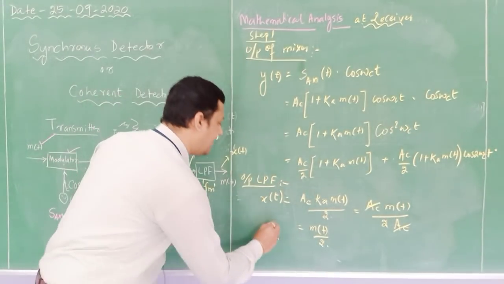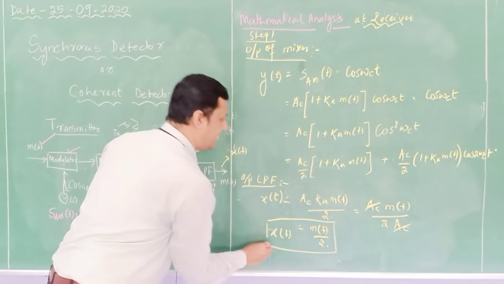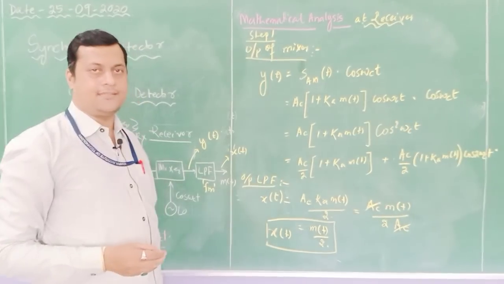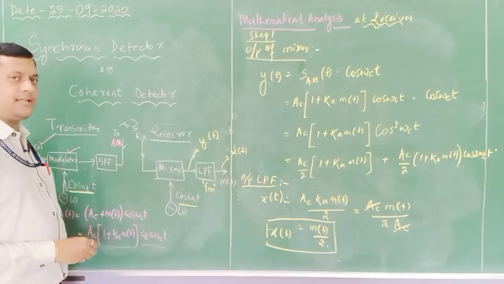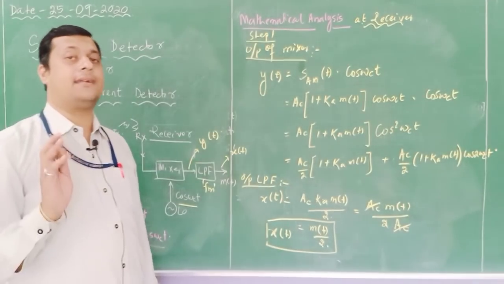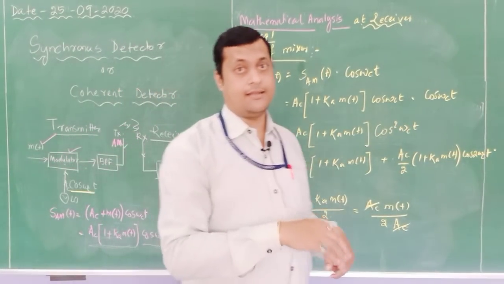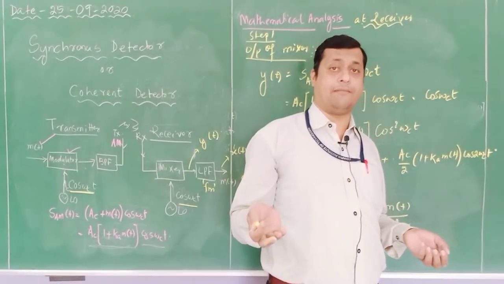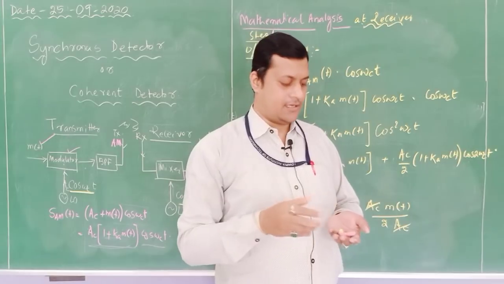So this is the output of the synchronous detection method. Synchronous detection method means we are synchronizing the carrier at the transmitter and receiver. Theoretically we can analyze, but practically it is very difficult to design, because the receiver end carrier frequency may not be same as what the transmitter end is going to transmit.